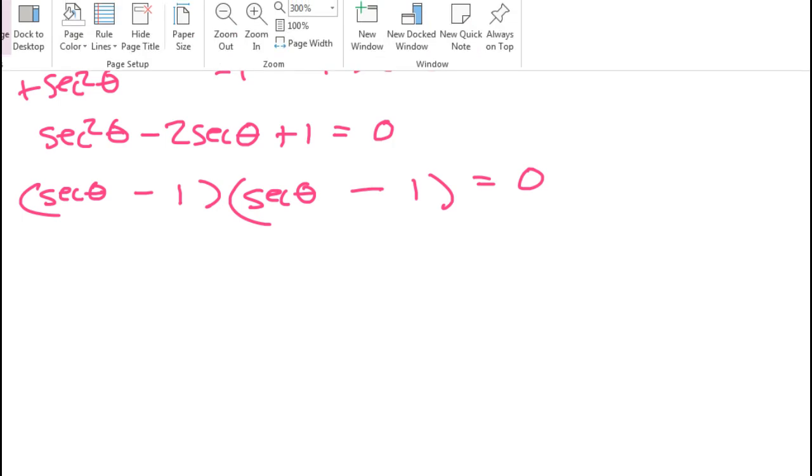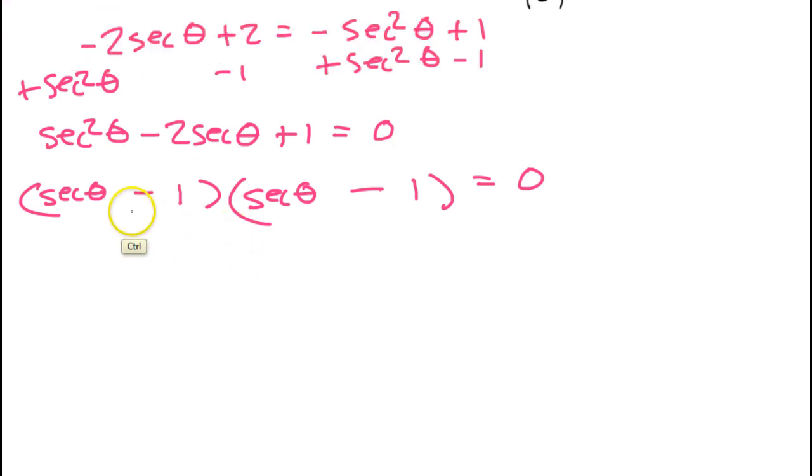Okay, so let us set each of these factors equal to 0. They're both the same, so I'm not going to do it twice. So secant theta minus 1 equals 0.